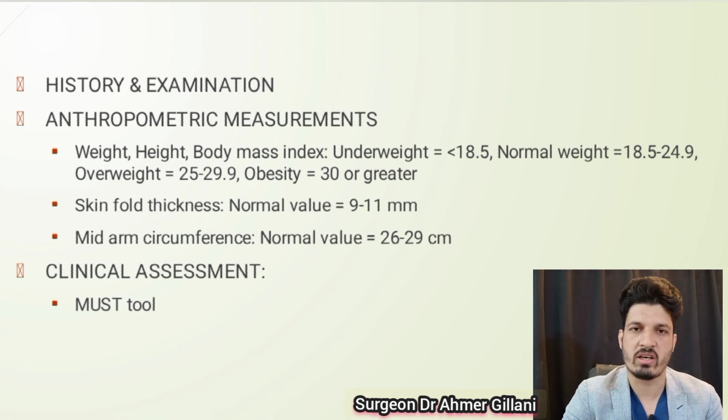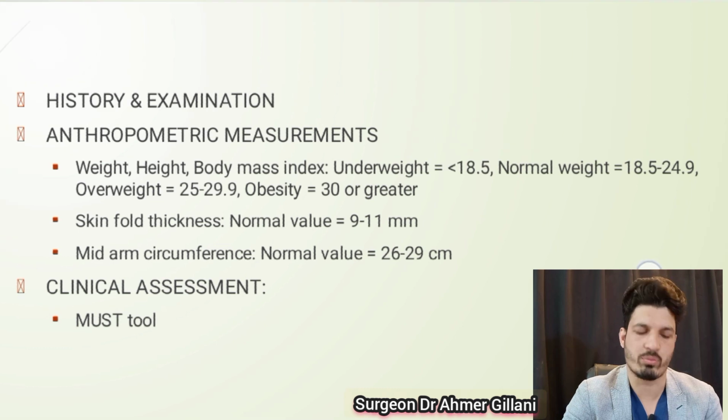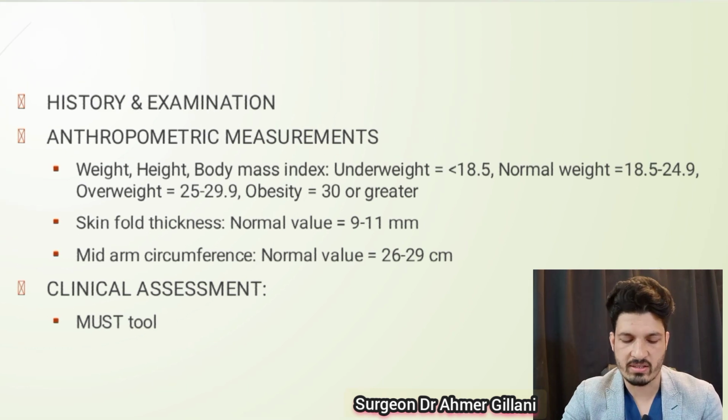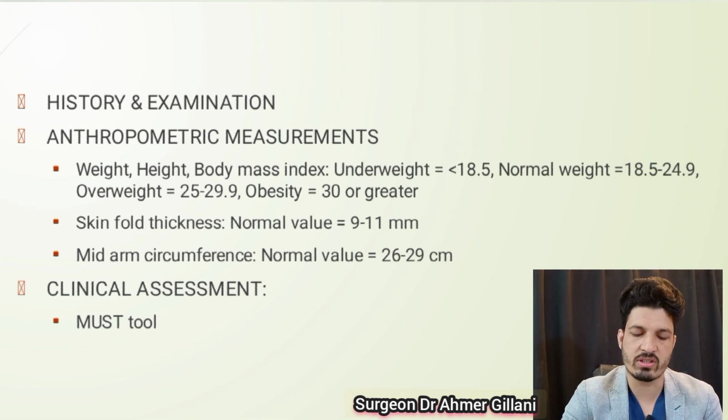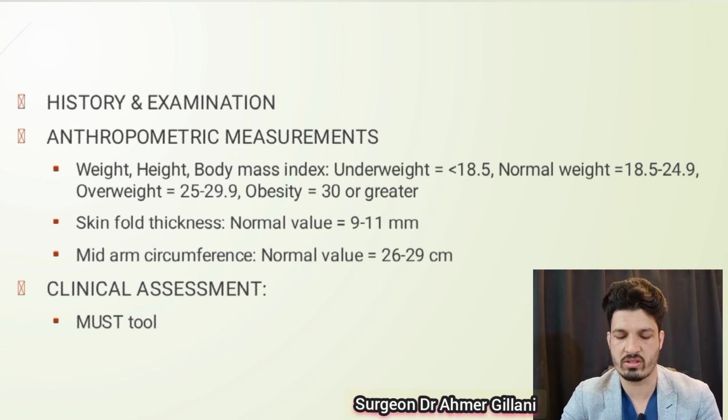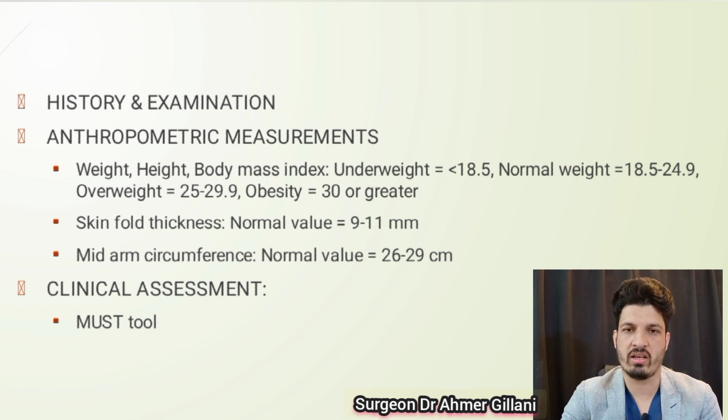The BMI will be less than 18.5. And skin fold thickness, normal value is 9 to 11 mm, and mid arm circumference, its normal value is 26 to 29 centimeter, and the clinical assessment, and we use the MUST tool. Anyways, you can take the screenshot and memorize, but we are moving ahead.